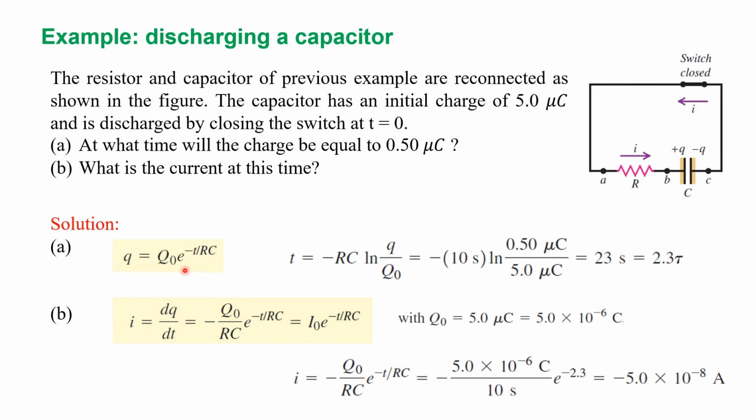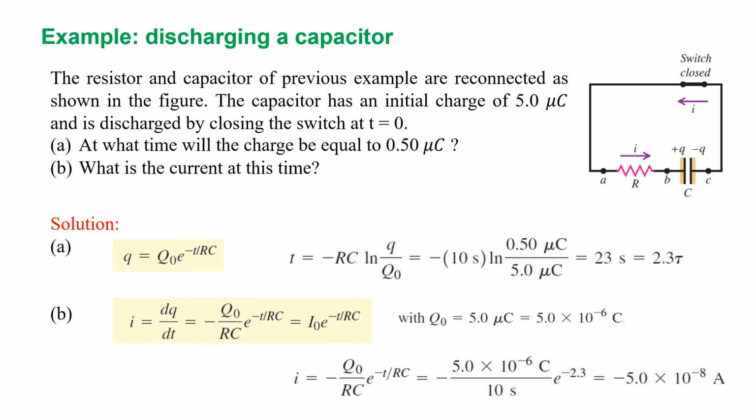And we solve for the time just by playing with this equation, multiplying by ln on both sides. So we have t equal to negative RC times ln of Q over Q naught. Again, in order to take out your time t here, you take ln of both sides.